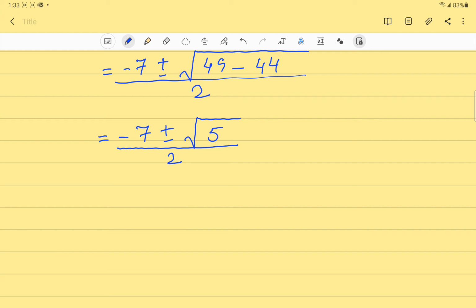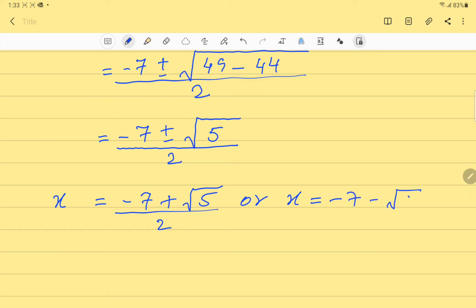We will leave it as it is. So in this case our two roots are x is equal to minus 7 plus square root of 5, or the second one will be minus 7 minus square root of 5 over 2.